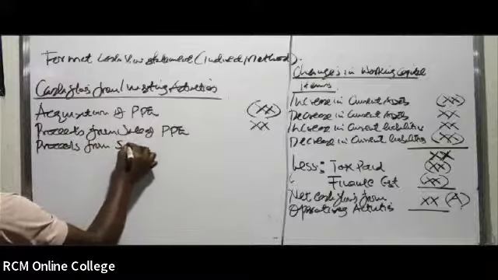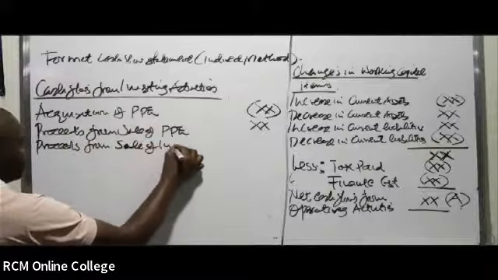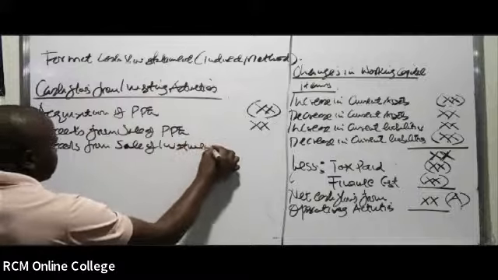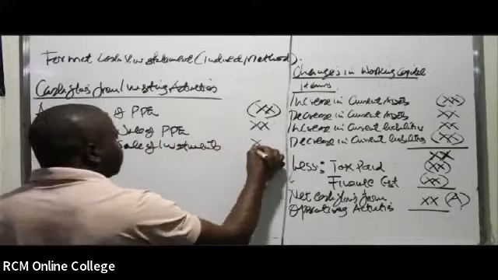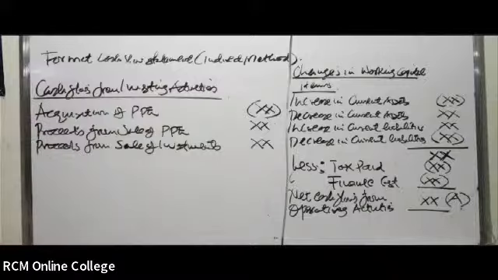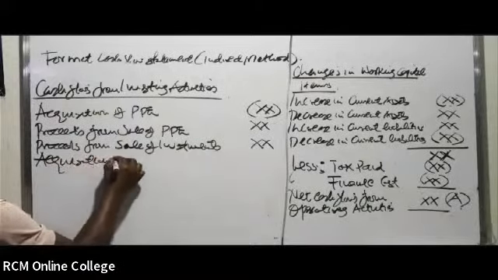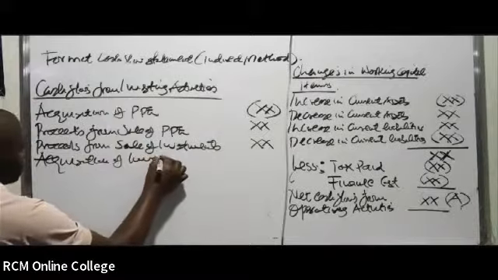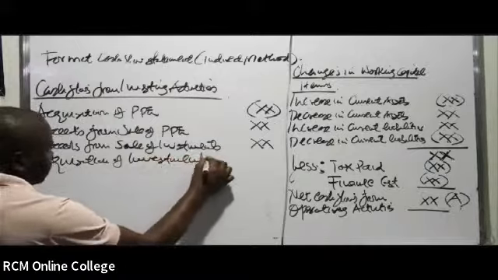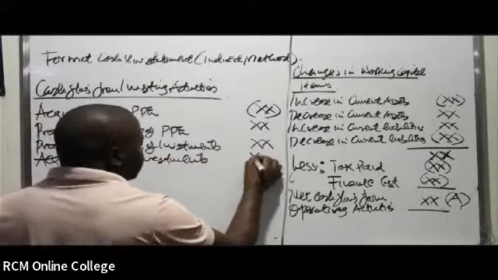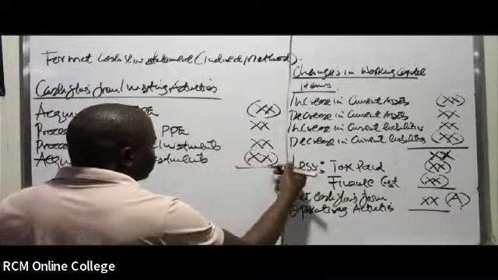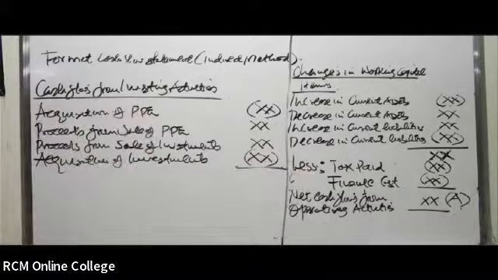Maybe you had shares, then you sold. Proceeds from sale of investments is an inflow. Maybe there can be acquisition of investments. That is an outflow, so you deduct.